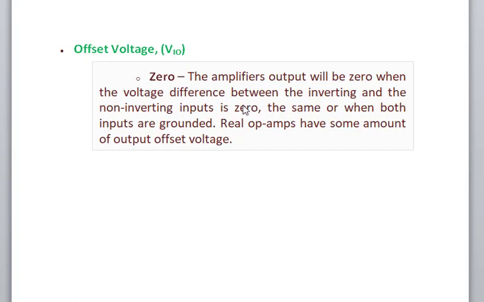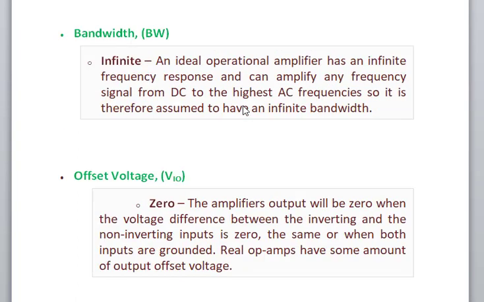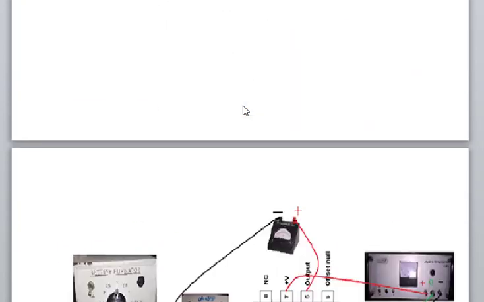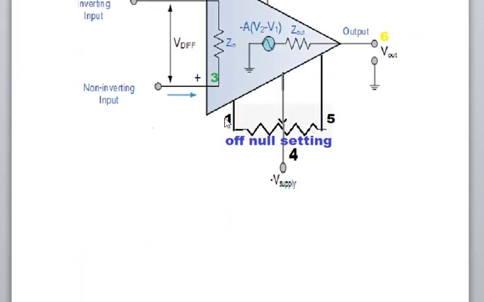The voltage is nullified using a circuit. The circuit consists of a pot, a potentiometer, a variable resistor. It is connected between terminals 1, 4, and 5, and the value of the potentiometer is adjusted.